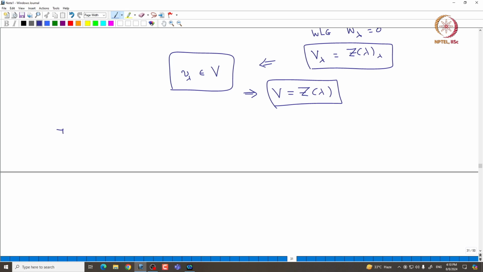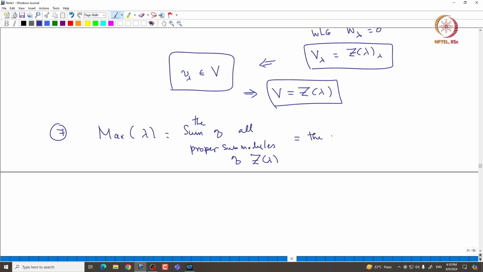Now, if we use all this information, we can conclude that there is a unique maximal submodule of Z(λ). Let us call it Max(λ). This is the sum of all proper submodules of Z(λ), and this is the unique maximal submodule.